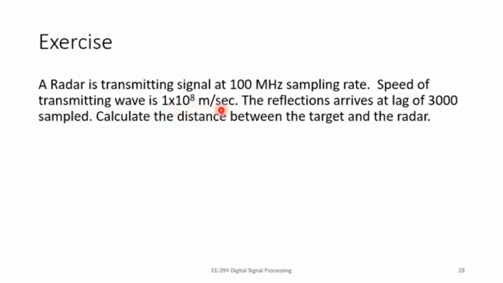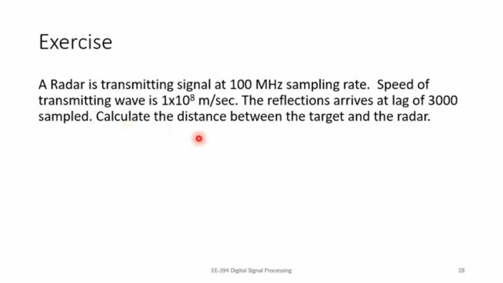So this we know from the data. And for example, we get the reflection of the transmitted signal. We get a spike of the correlation, high correlation, but the lag value is 3000 samples. So it means that when the signal went, it took 3000 samples equivalent time to come back at the receiver.